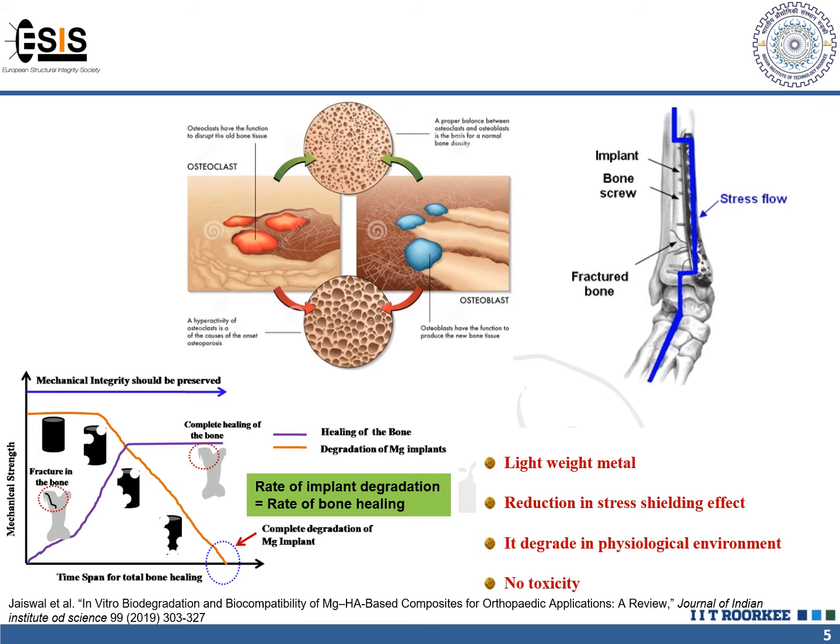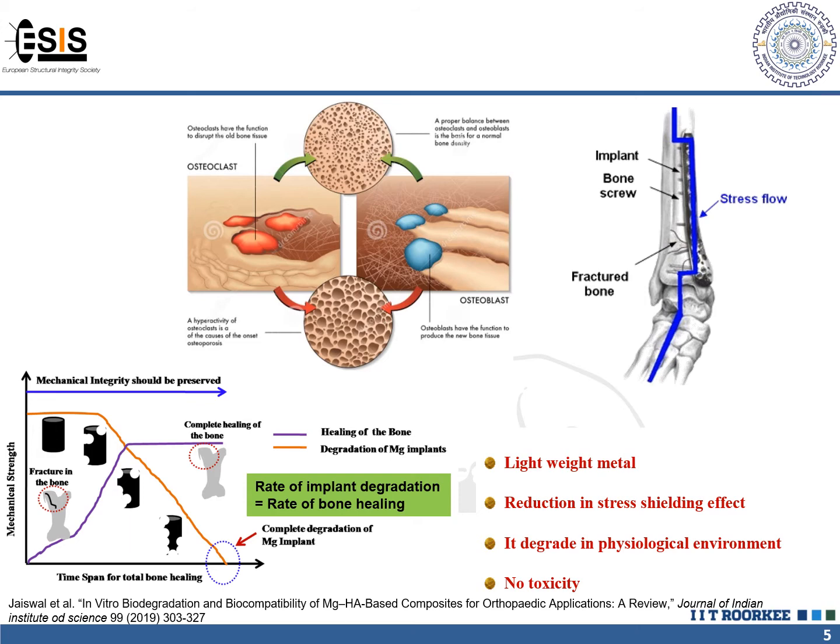Here at the bottom left side, you can see the schematic of the concept of biodegradable materials. As the bone healing starts, the degradation of the materials starts, and at the complete healing of the bone, the material degrades completely, and in between the mechanical integrity should be preserved.